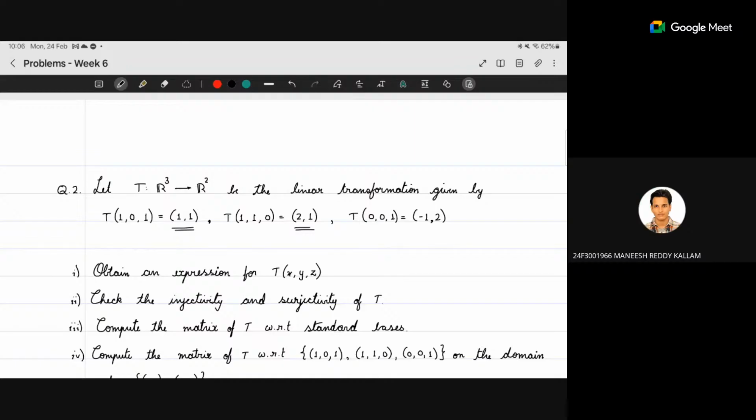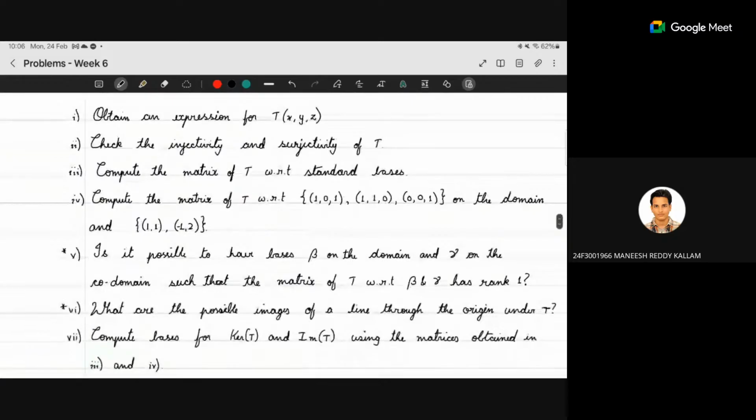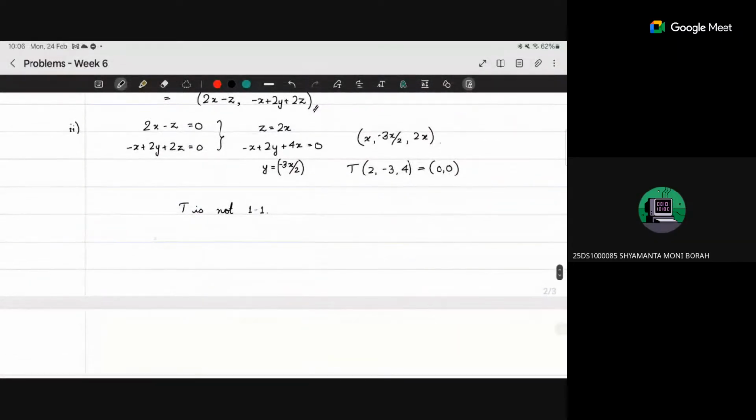So on this basis, can we say all are there? Yes, they are all there. Because the image contains at least (1,1) and (2,1), which means the image contains at least the span of (1,1) and (2,1), which means that the image contains at least R2. But R2 is the maximum possible thing anyway. So image is equal to R2.